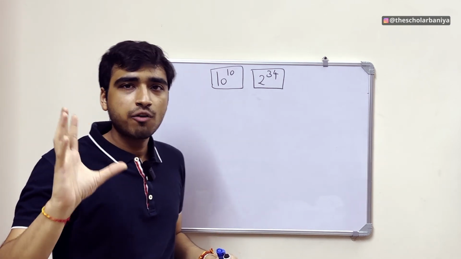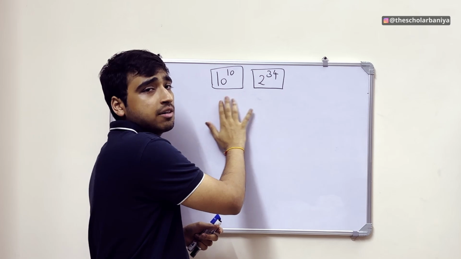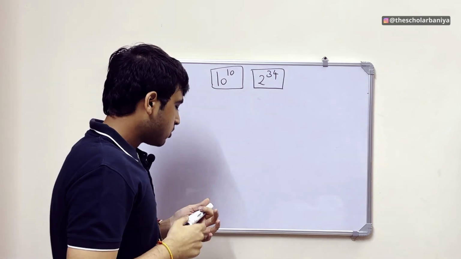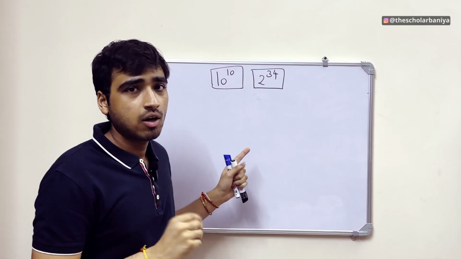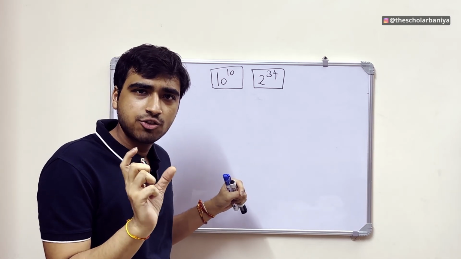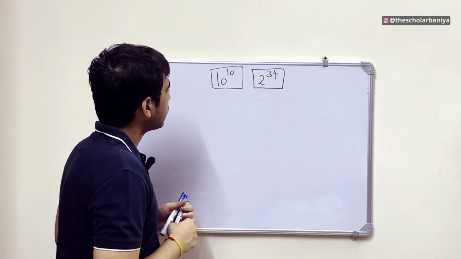So you have to think of some other way where you can figure out if this is greater or this is greater, right? So just hear me out, right? What I'll be doing right now, in any of such questions which you encounter, you have to follow a similar approach. Okay.